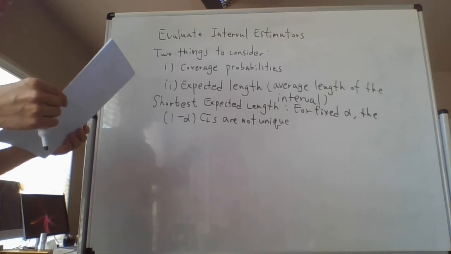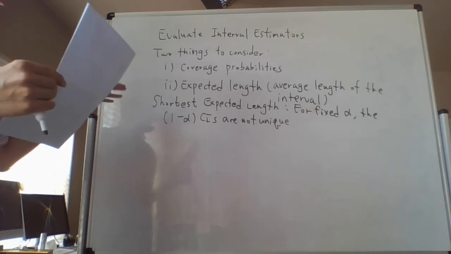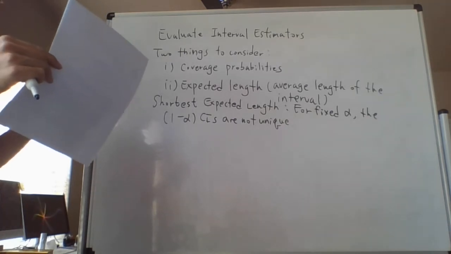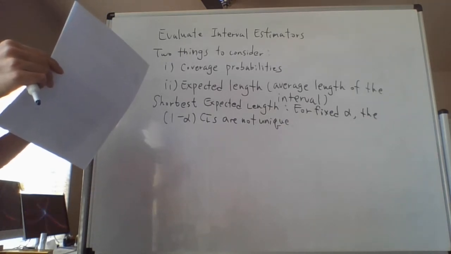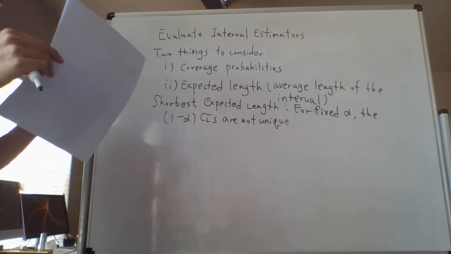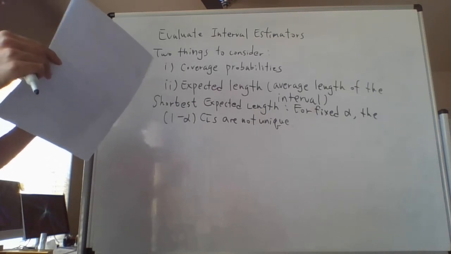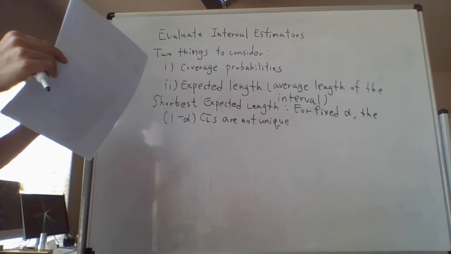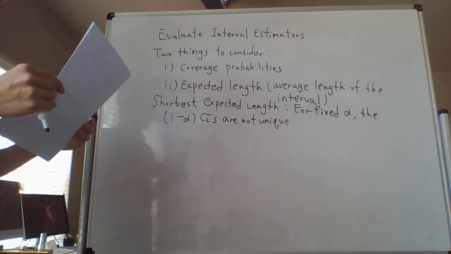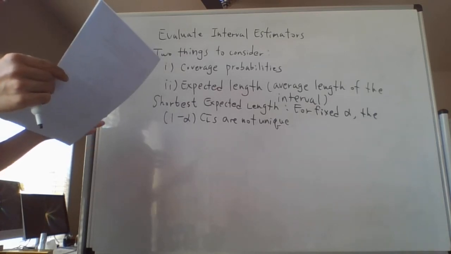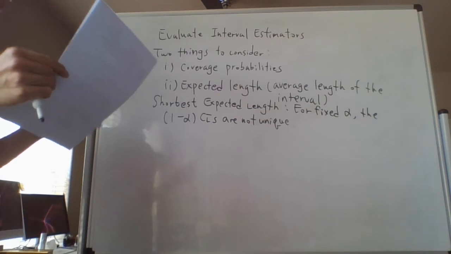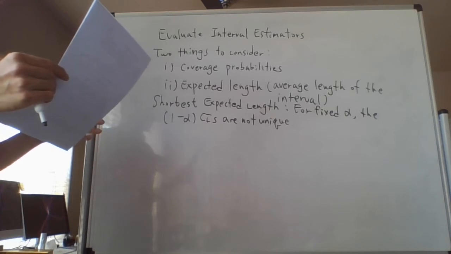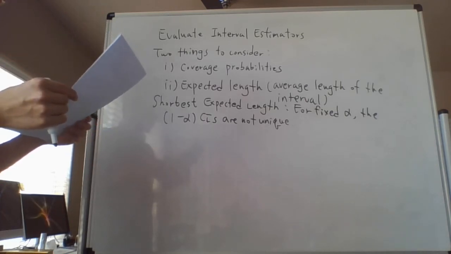In that case, if we have the smaller expected length, that means we have a more precise guess, or formally the estimate, for the parameter mu. So we would like to have the shortest expected length as much as possible.